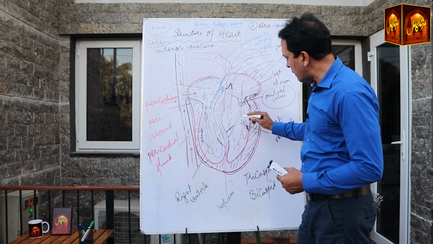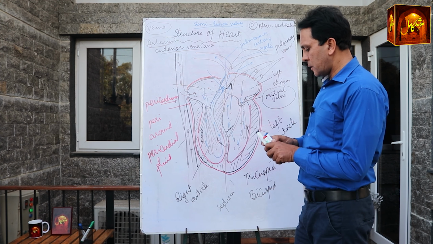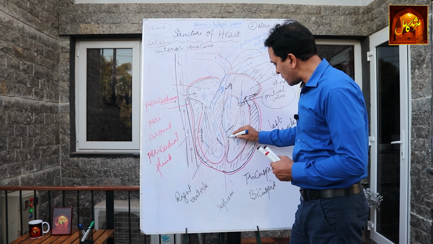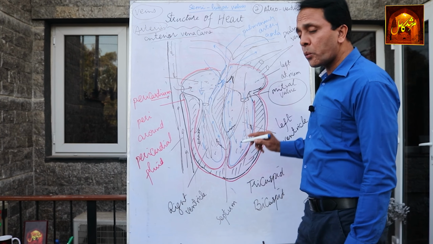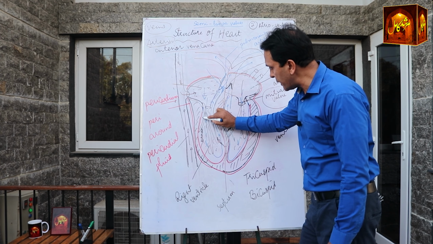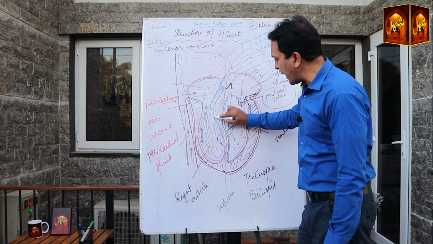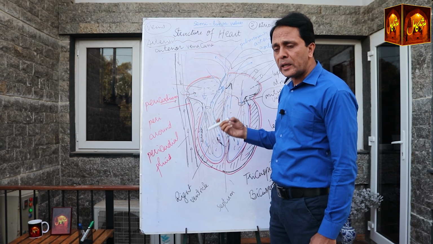Again, inside the ventricles, another membrane is present, that is the squamous endothelium layer. This squamous endothelium layer is present inside the ventricle. So what is the function of this squamous endothelium layer?